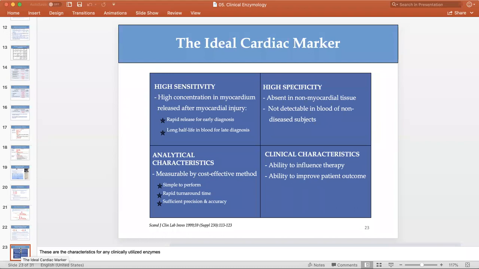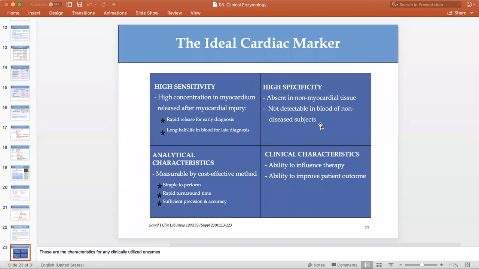Specificity means that I found this enzyme, and now I should be sure that this rising enzyme is specific to this tissue. So if you see here, absence in non-myocardial tissue: if we are talking about a cardiac marker, it is highly specific if it is absent in non-myocardial tissue. Makes sense.